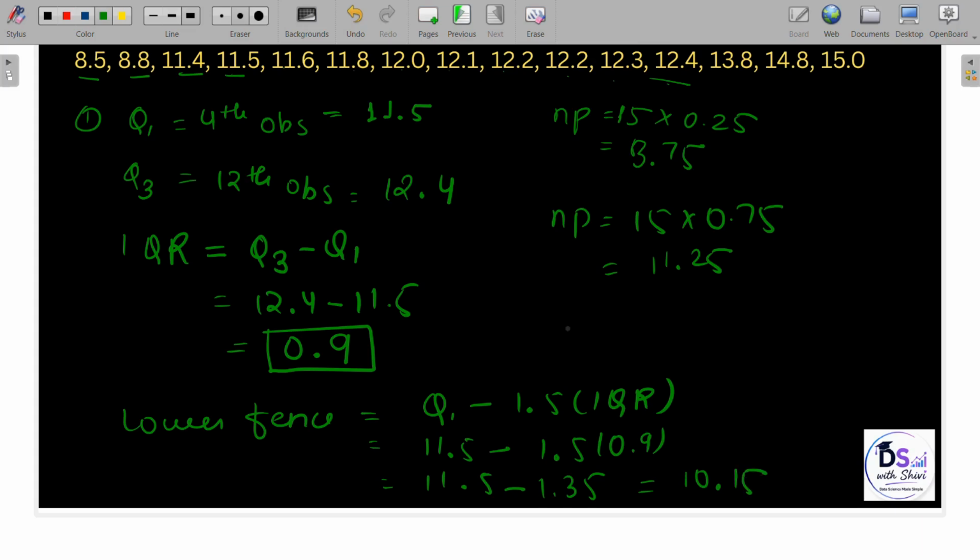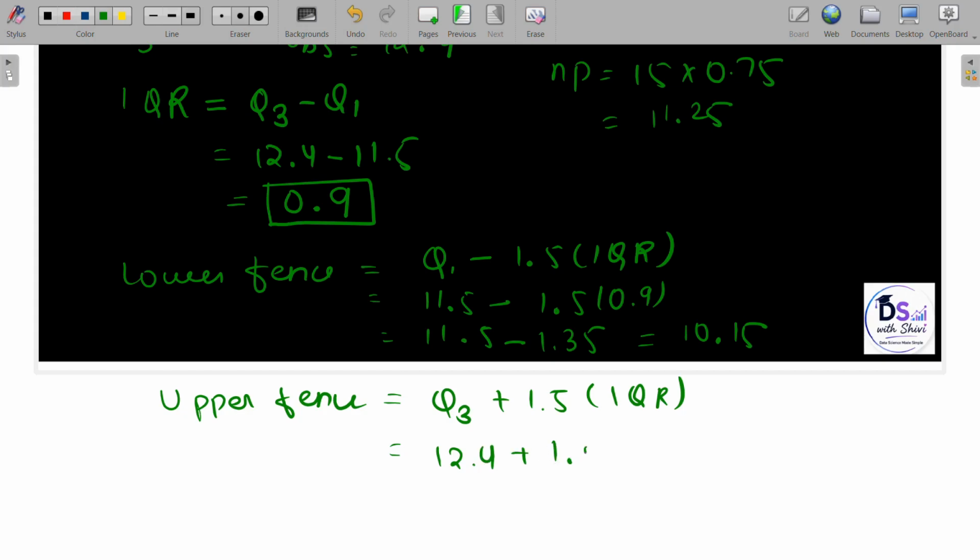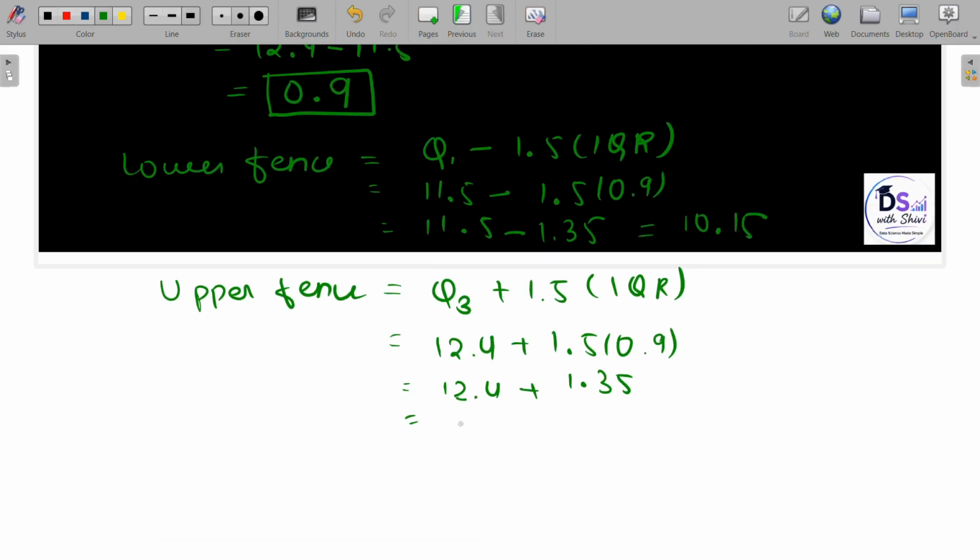Now for the upper fence, the formula is Q3 plus 1.5 into IQR, right? So here the value of Q3 is 12.4, then 1.5 into 0.9, which equals 12.4 plus 1.35, which equals 13.75, correct?